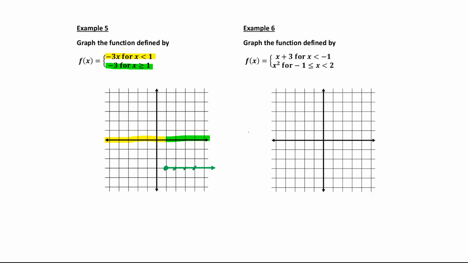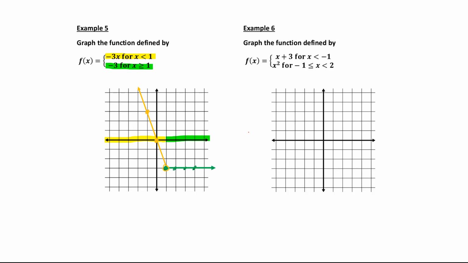And that means y equals negative 3x. That is a line. So that line looks like this. And I'm putting a hole there just because that particular part of the function doesn't have a value when x is 1, because x is less than 1 for that to be happening.